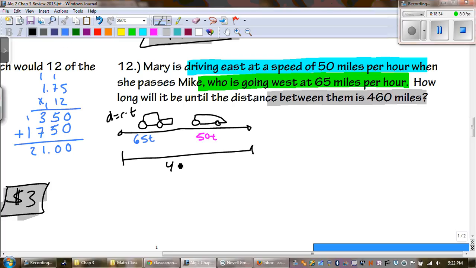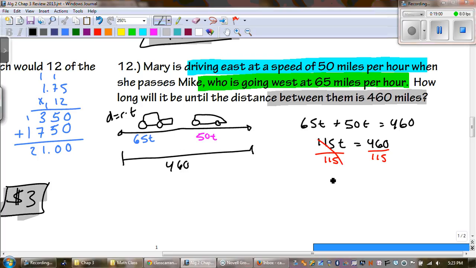So we want to know when altogether it's 460 miles. So we take Mike's speed plus Mary's speed, and when does that equal 460? Okay, so add those 2 numbers together, you get 115t equals 460, and just divide by 115.